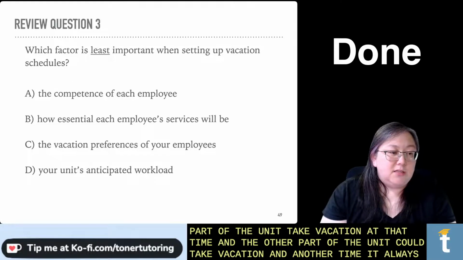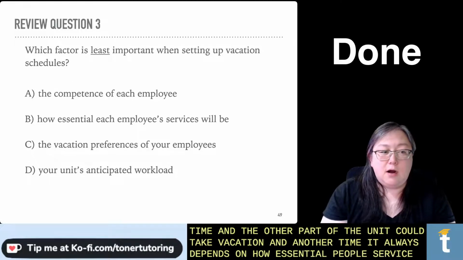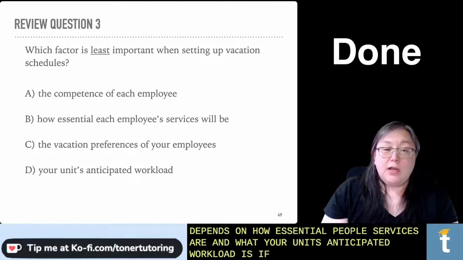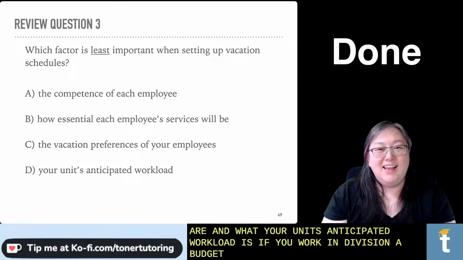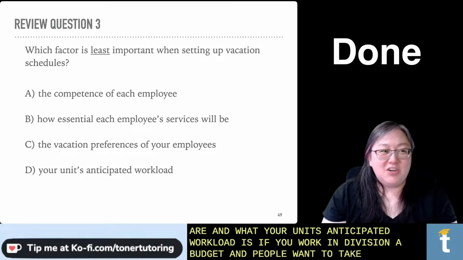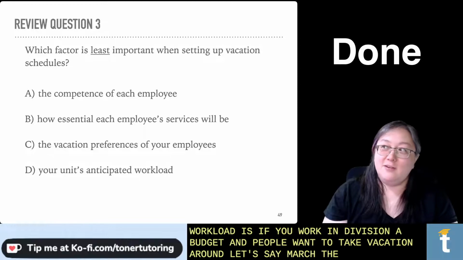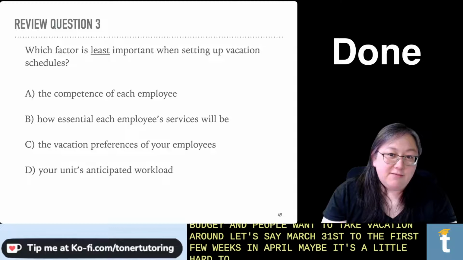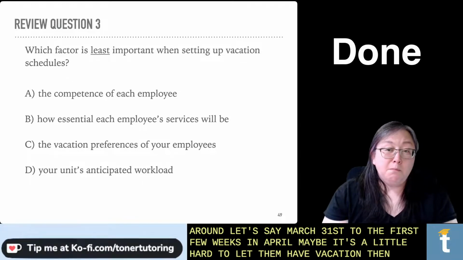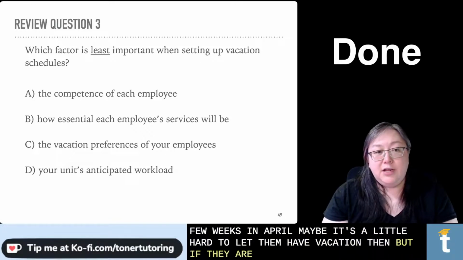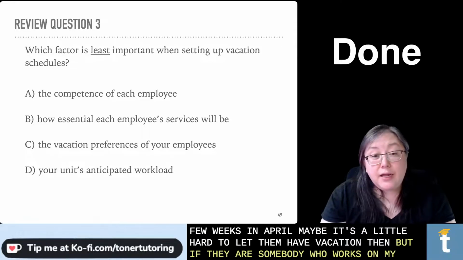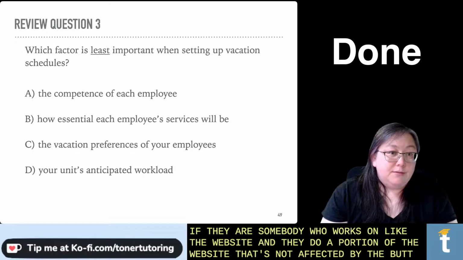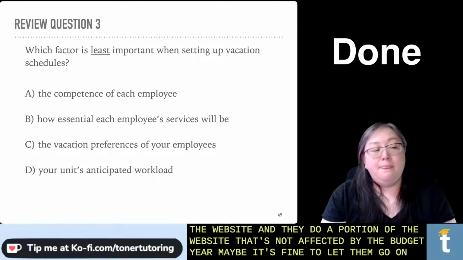It always depends on how essential people's services are and what your unit's anticipated workload is. If you work in division of budget and people want to take vacation around, let's say, March 31st to the first few weeks in April, maybe it's a little hard to let them have vacation then. But if they are somebody who works on like the website and they do a portion of the website that's not affected by the budget year, maybe it's fine to let them go on vacation.